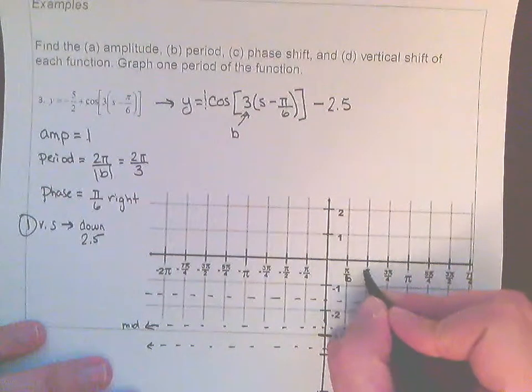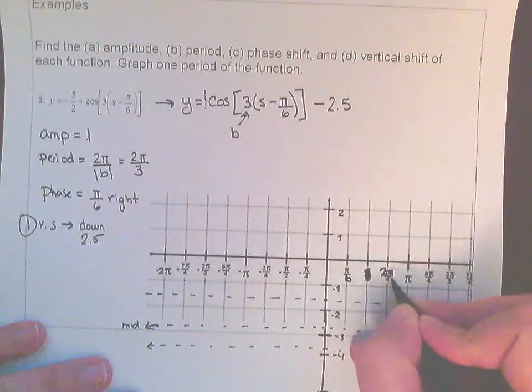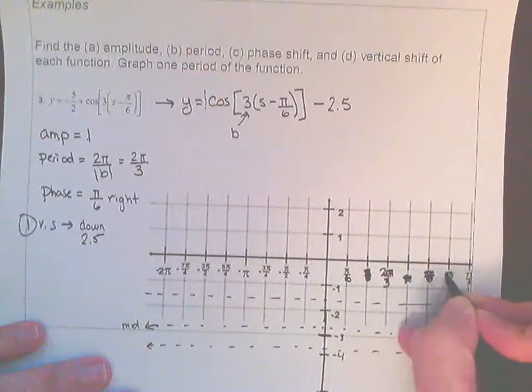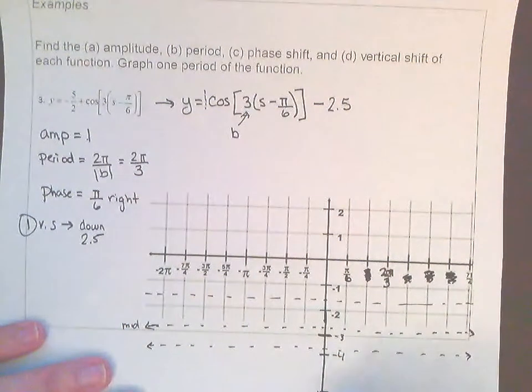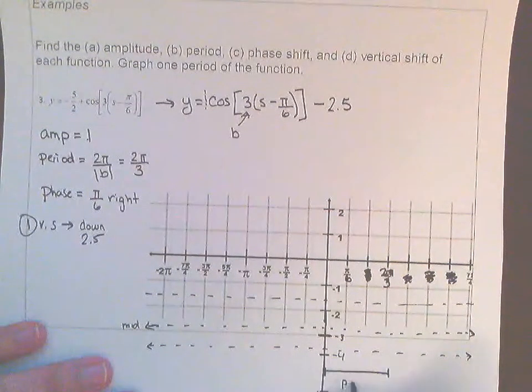Or we can do 2 pi, yeah, I would skip one and say this is 2 pi over 3. I know this is messy, but we'll go over it again tomorrow. So I know my period is 2 pi over 3, which means my cosine function is basically going to repeat in between this section right here.